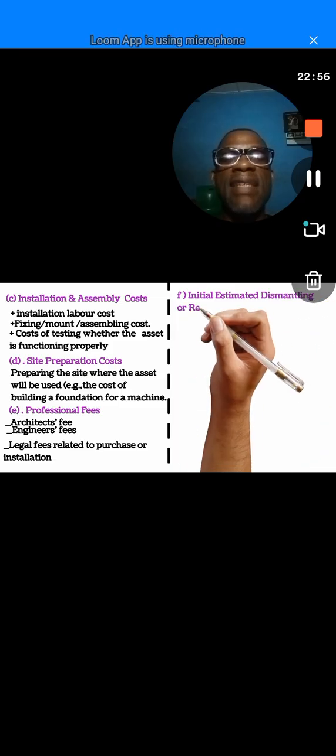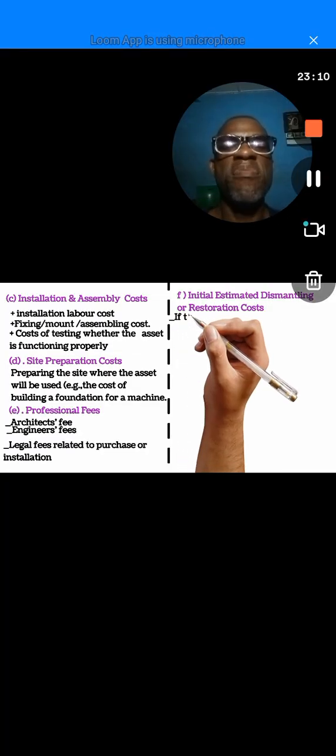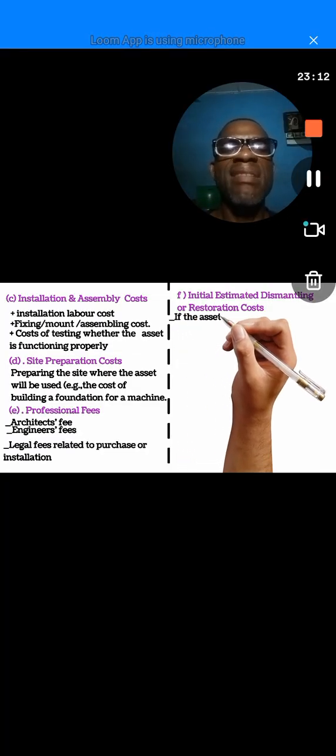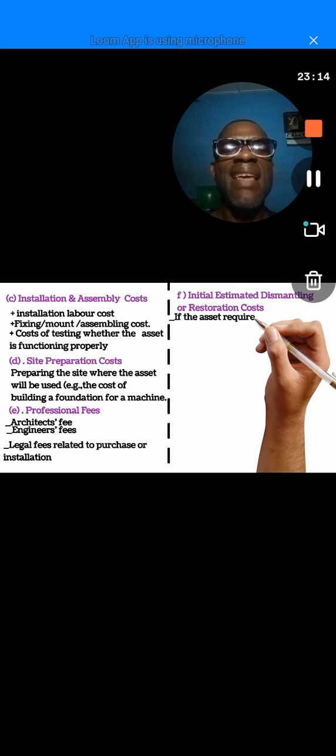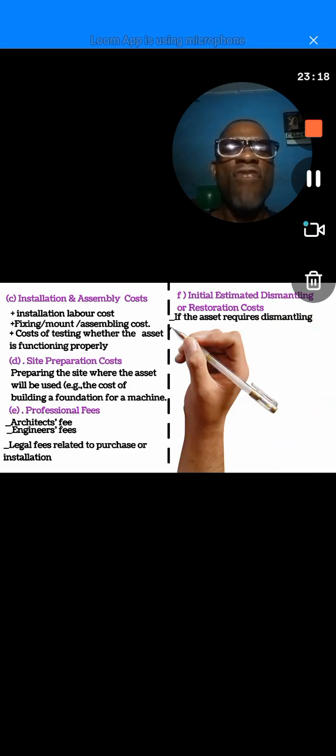Then the next element of the cost of a non-current asset is the initial estimated dismantling or restoration cost. At times, before installing any fixed asset, we need to estimate the cost of dismantling that asset at the end of its useful life, or the cost of restoring the site at the end of its useful life.